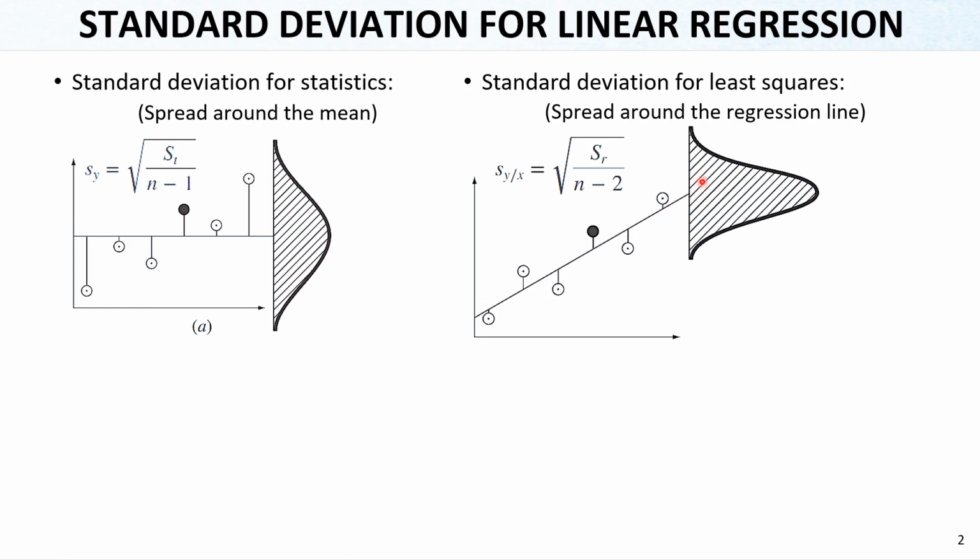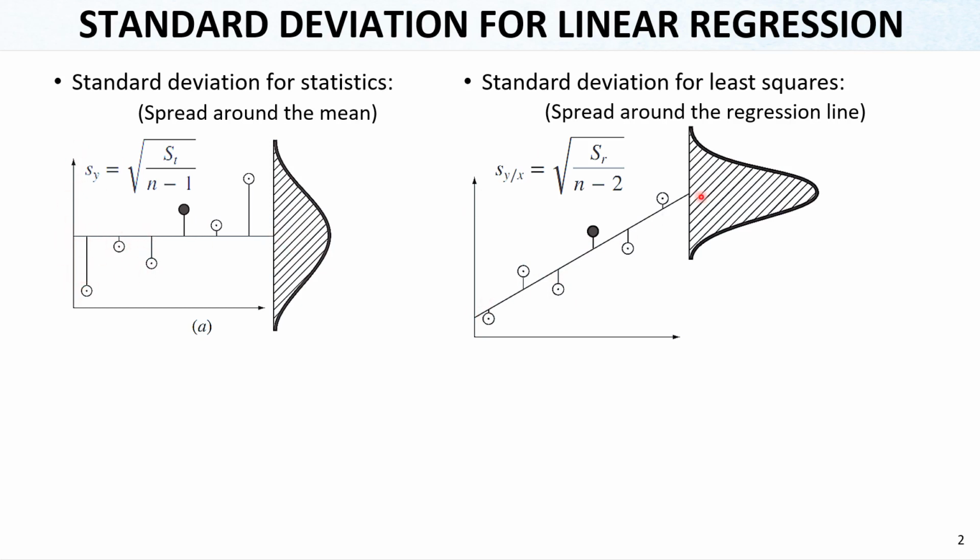So basically it's changing. And that's why it's a very similar analogy with statistics, that the standard deviation for least squares is the spread around the regression line. So we have data spreading around the regression line, and the distances, the errors actually, the standard deviation can be a measure of it.